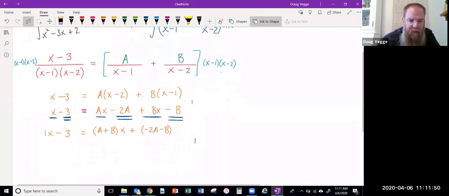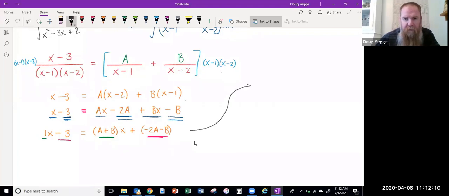Hopefully you can see where we're getting at now, because that must mean that 1 is the same as a plus b, and negative 3 is the same as negative 2a minus b. So we can now just solve this system of equations: a plus b equals 1, and negative 2a minus b equals negative 3.